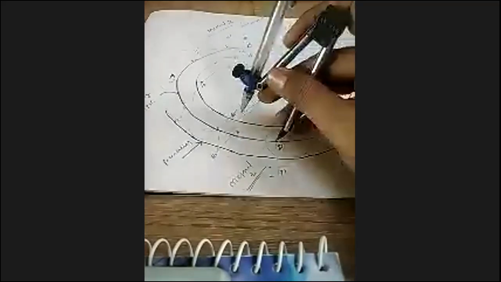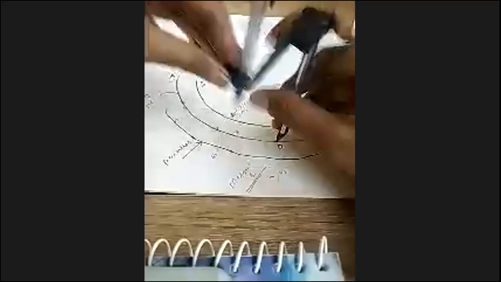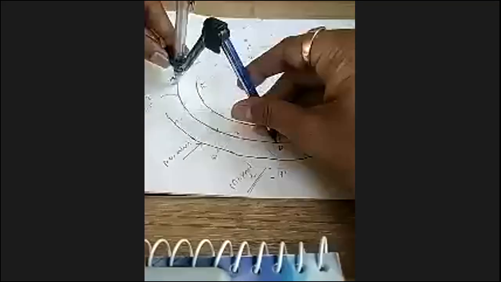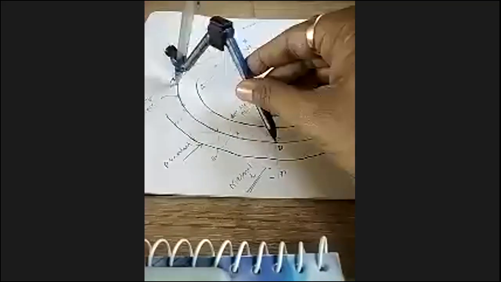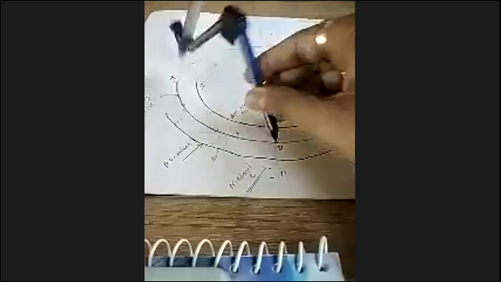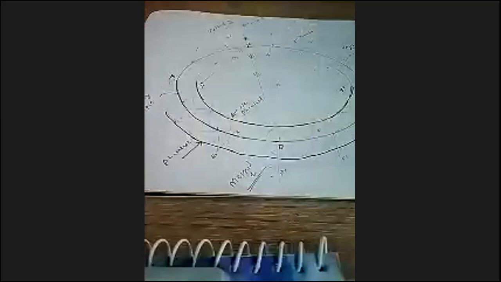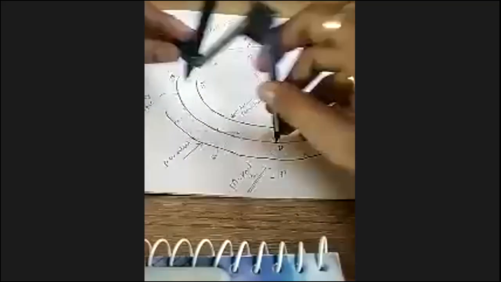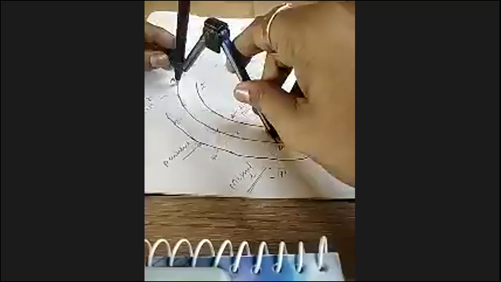Let us do it this way. You tell me if it is correct or not. This is the arc AB, of which we require one arc.